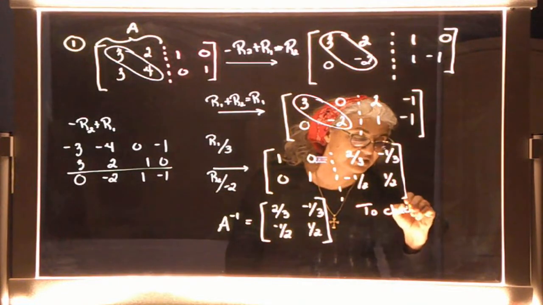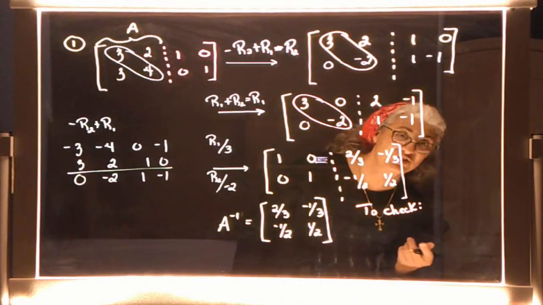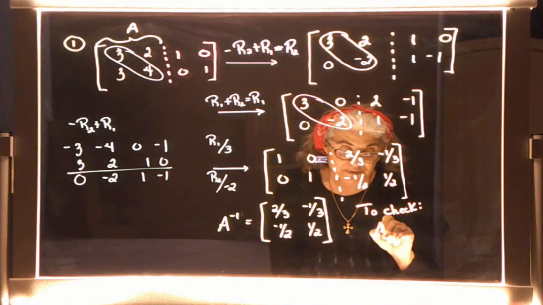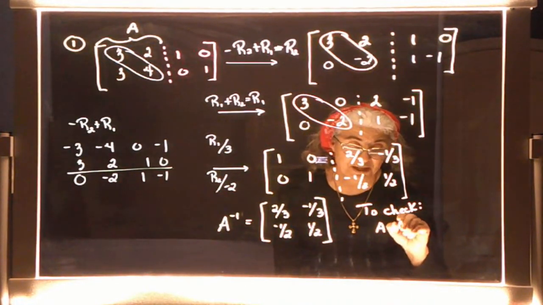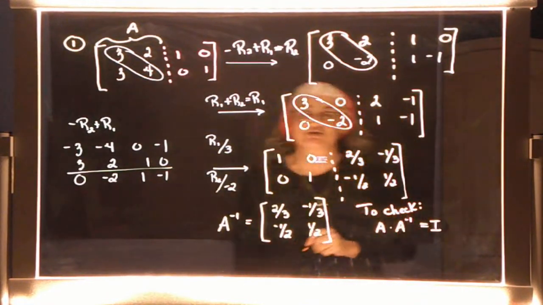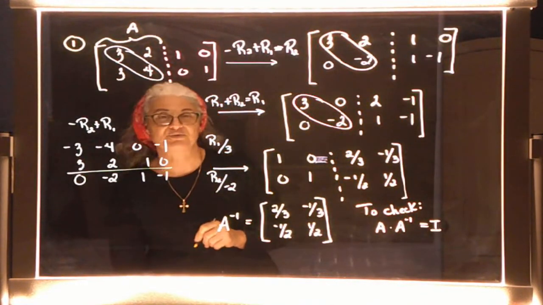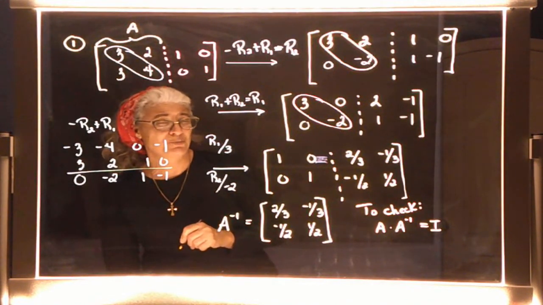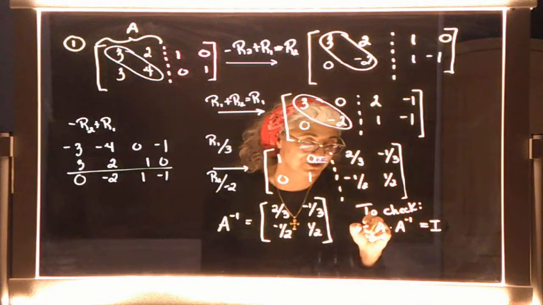I know, we trust ourselves these days, and so we usually don't check our work. But to check it, I would take the original matrix, multiply by its inverse, and it better equal the identity matrix. Makes sense, right? They should cancel out. But it's a two-part check. This is only the first part.